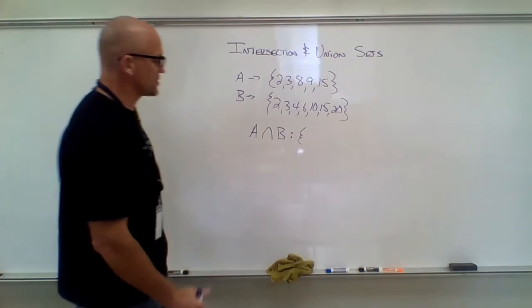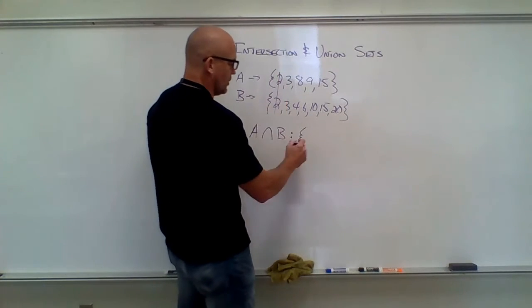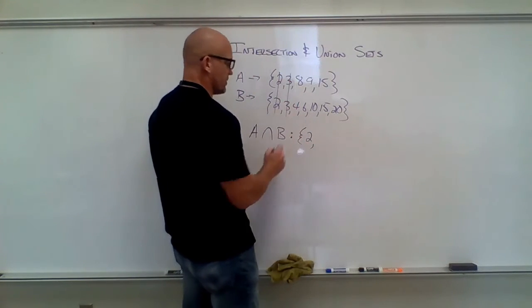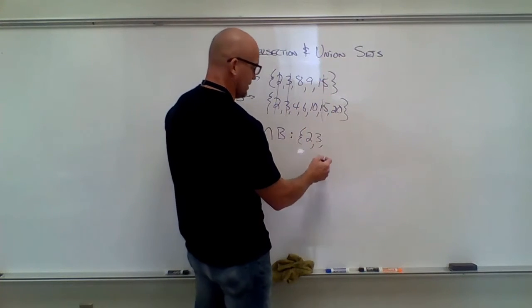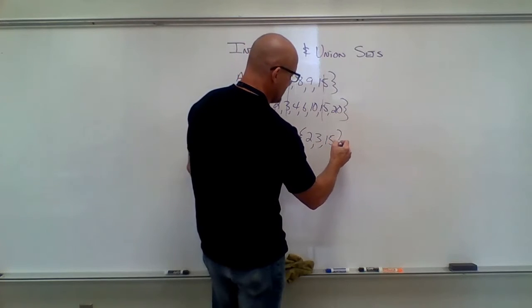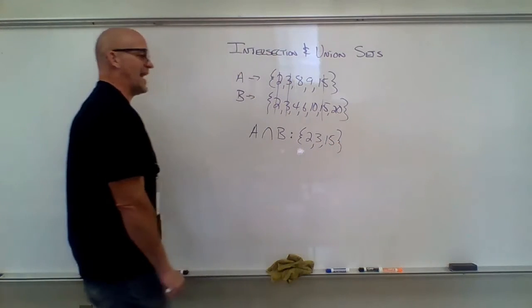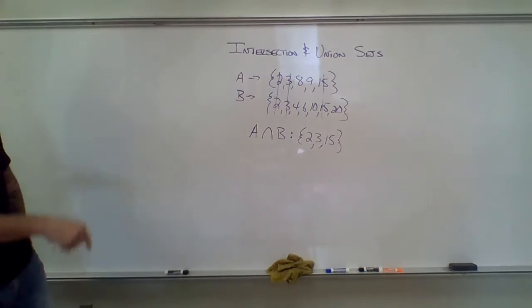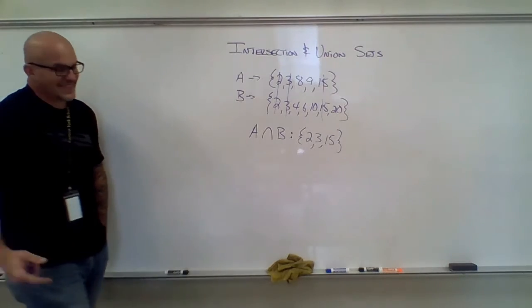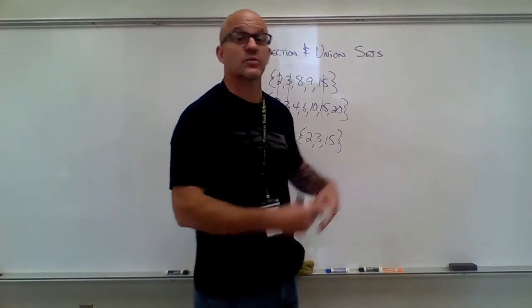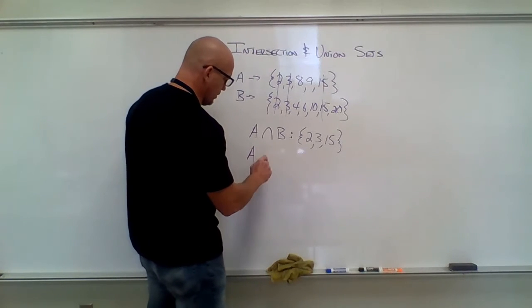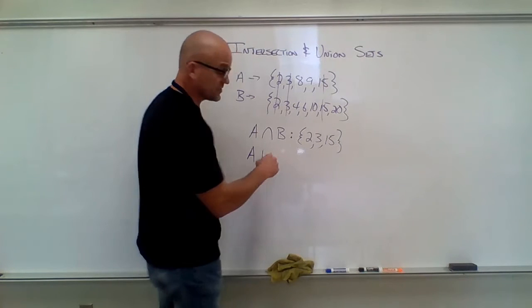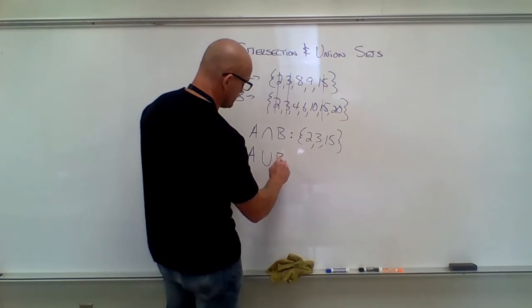So all I would do is go, well, they both have a 2, they both have 3, they both have a 15. So the intersection of those 2 sets is 2, 3, 15. It's that simple. That's their intersection. That's what they share. Now the union, that's a little more, we used the regular old U for that one, by the way.